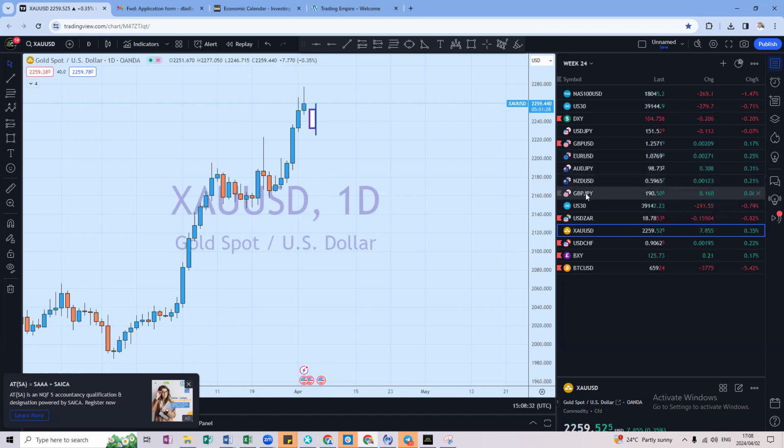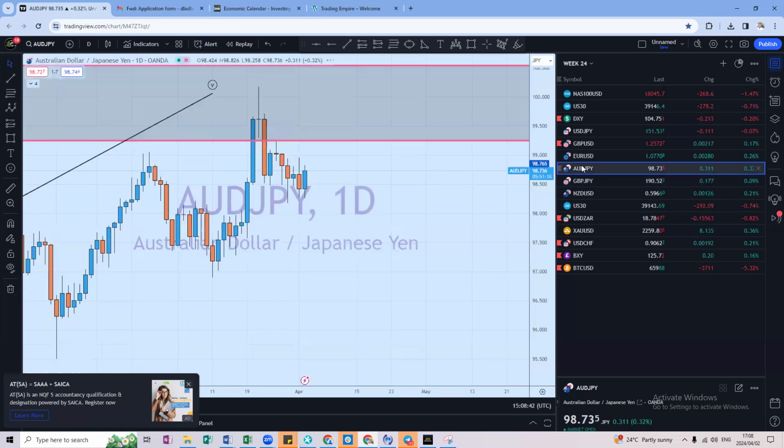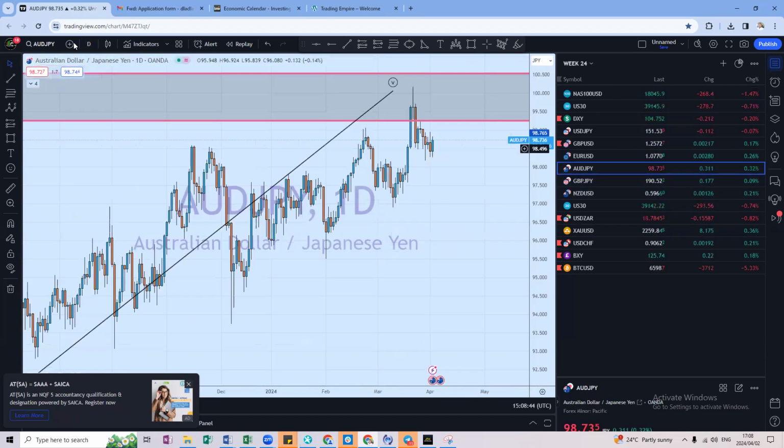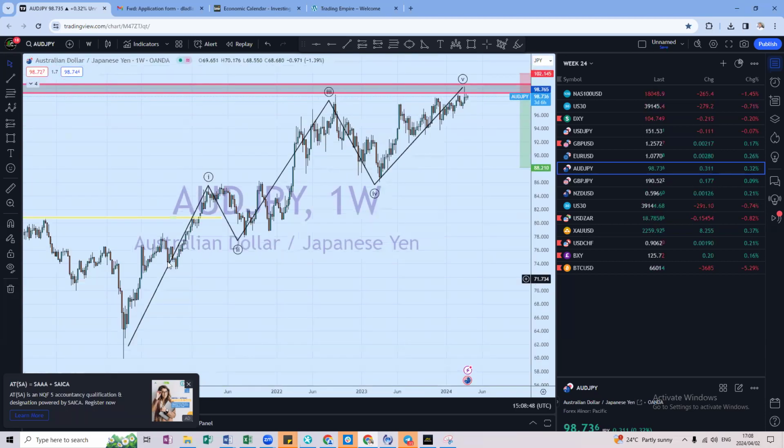And then, yeah, last things, AUD JPY and GBP JPY. I'm expecting these two JPY pairs to drop, basically. So AUD JPY, I'm expecting a drop.